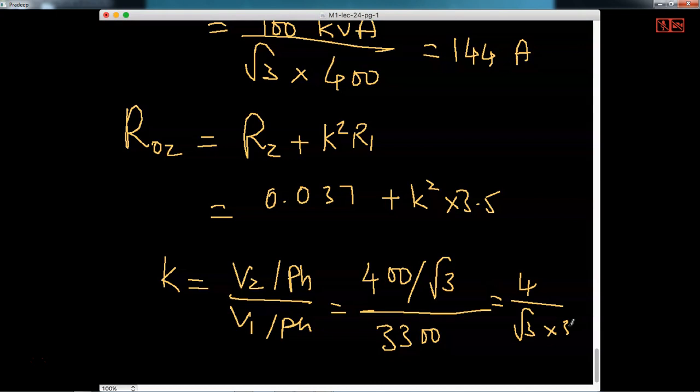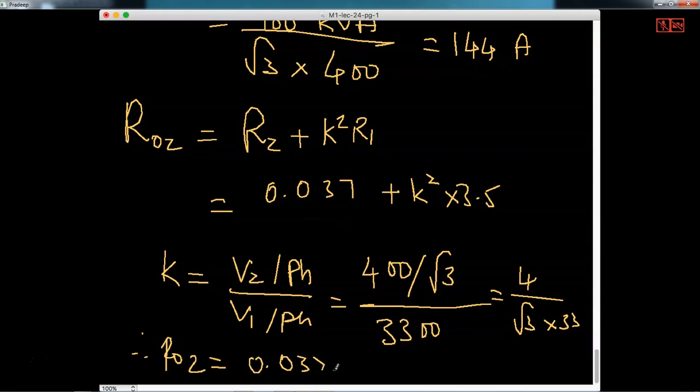Now I can substitute this K here. So R02 equals 0.037 plus K square, that is 400 by root 3 into 33 squared, into R1.